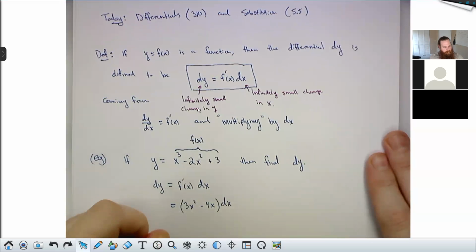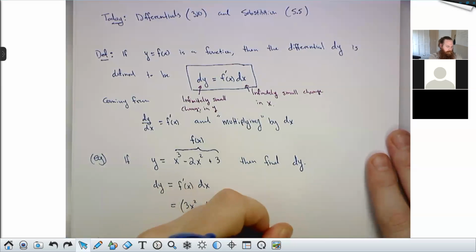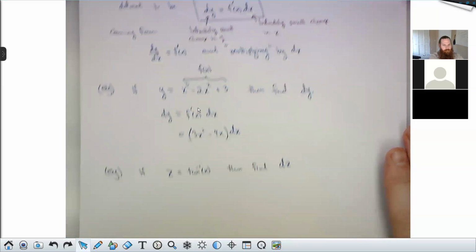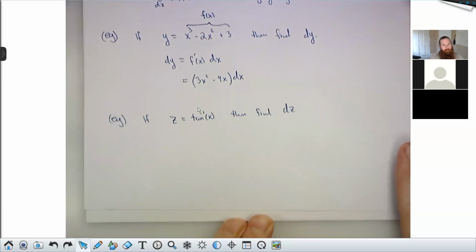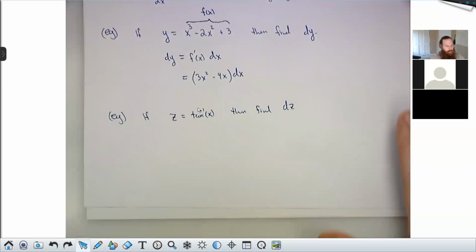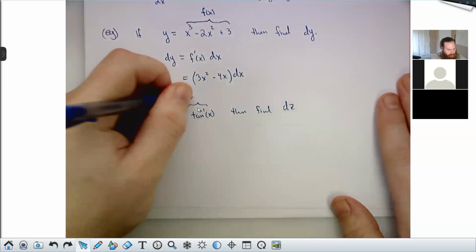If z is equal to the inverse tangent of x, then let's find dz. Well, again, here's f of x.